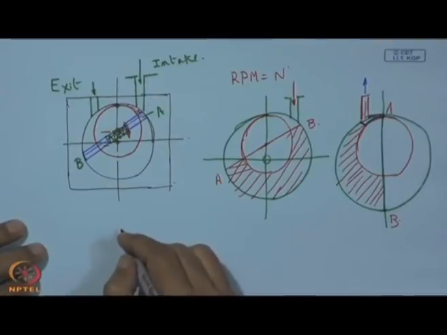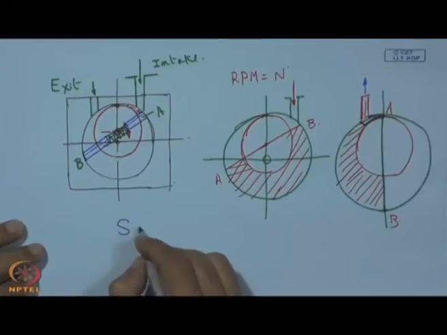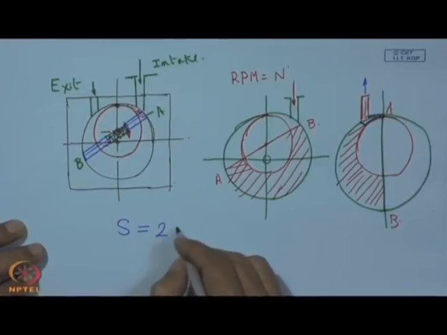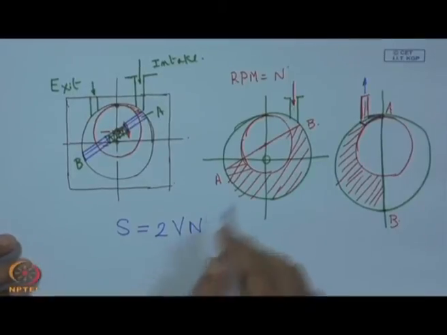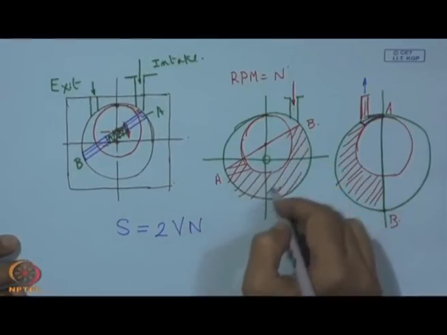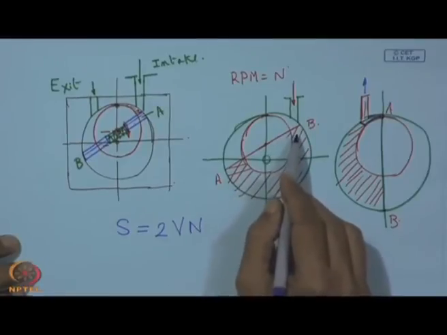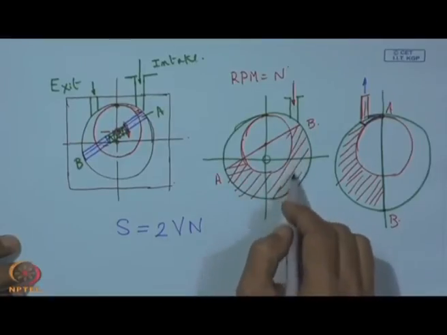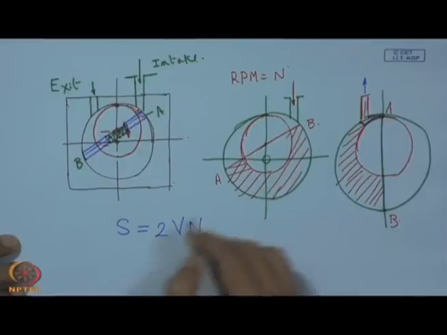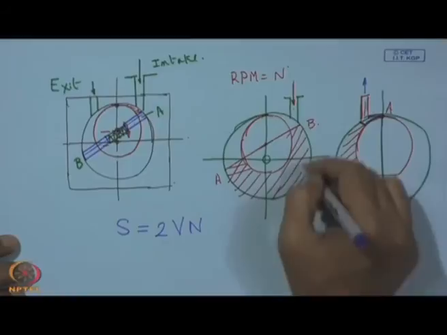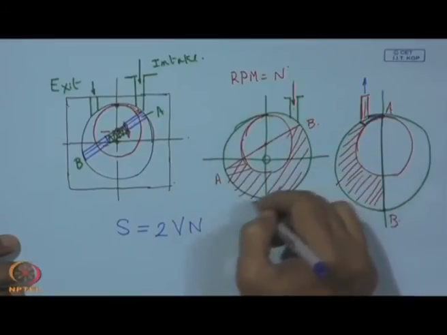And here the pumping speed we can write, the pumping speed will be actually 2 V into N. Now, what is V? V is the maximum volume created by this impeller, and through this volume this material will be swept, and this is equal to V, and it happens twice in one rotation.